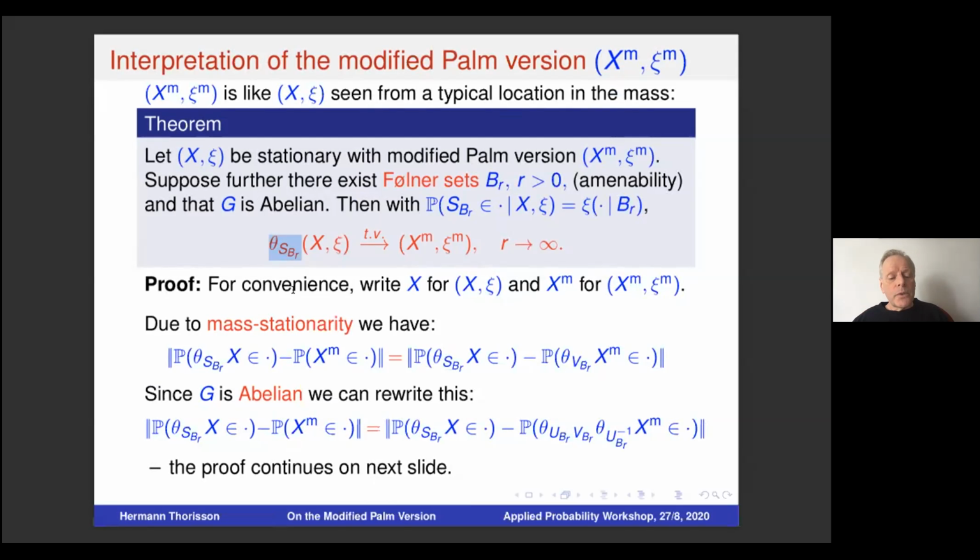And here is the proof, and I'm not going to go through the proof because you don't know what mass stationarity really is, or shift coupling, but I'm going to stress where the abelian assumption comes in. It comes in this line.